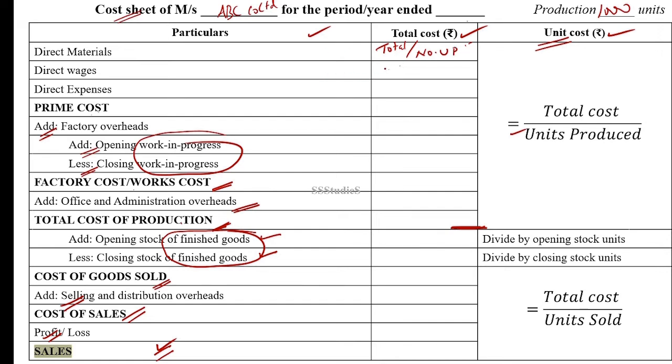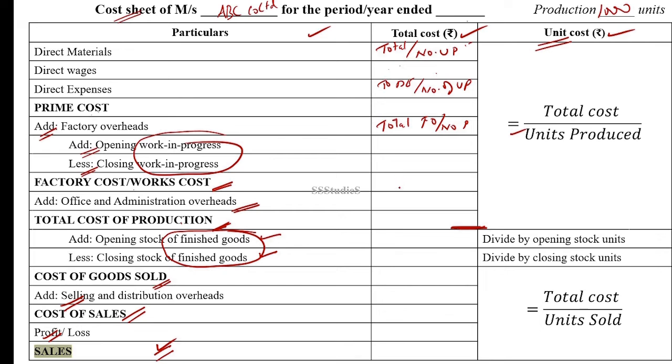Same is the case with direct wages. Total direct wages cost divided by number of units produced. Same is the case with direct expenses. Total direct expenses divided by number of units produced, you will get direct expenses per unit. Coming to factory overheads, total factory overheads divided by number of units produced, you will get factory overheads cost per unit.